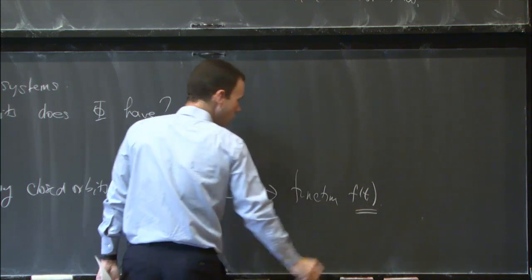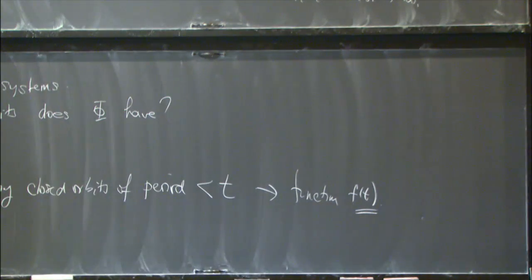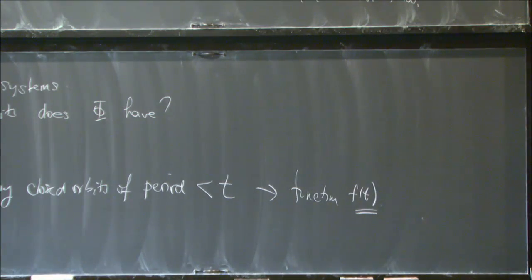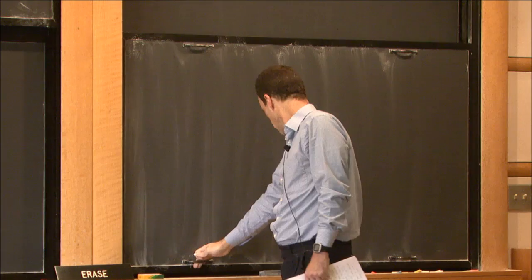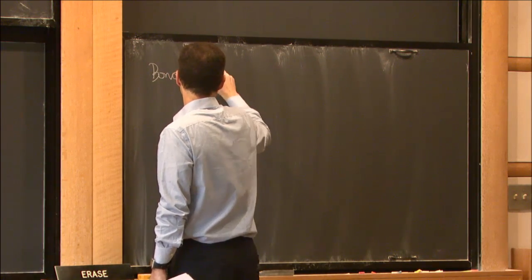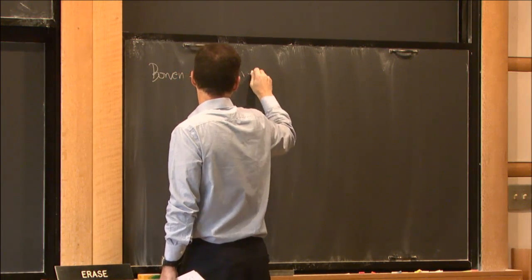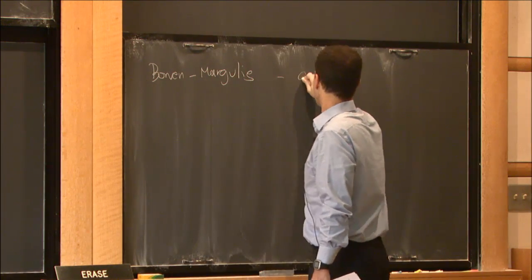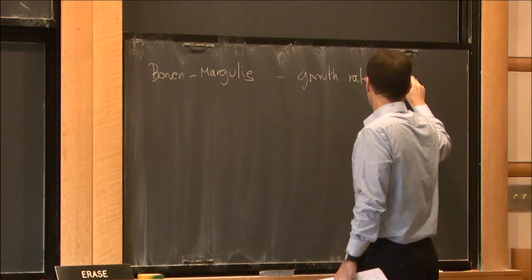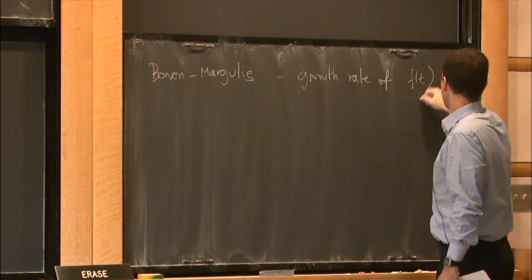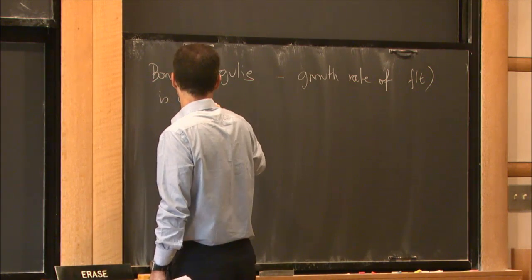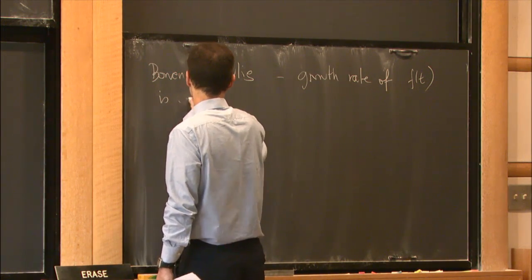And I want to know how does this grow. And then the first results by Bowen and Margulis: the growth rate of f of t is exponential.